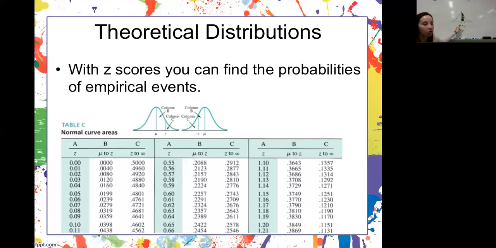So it tells you the distance between your z-score and the middle of the distribution. So that's what column B does.